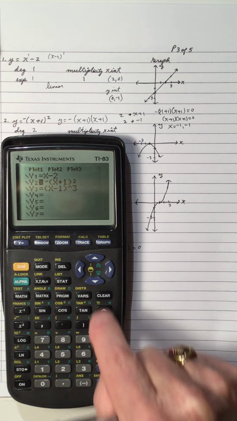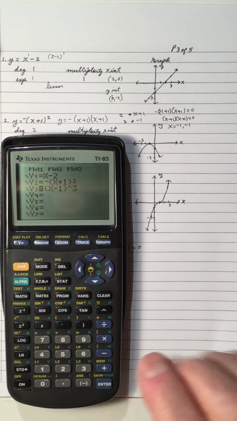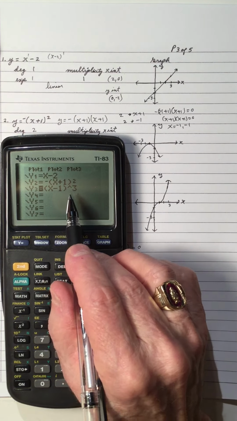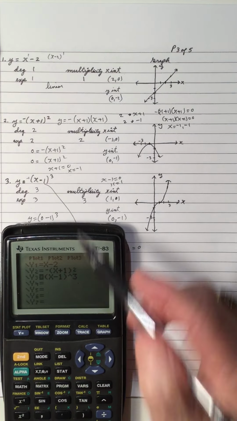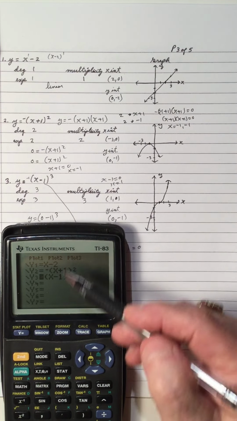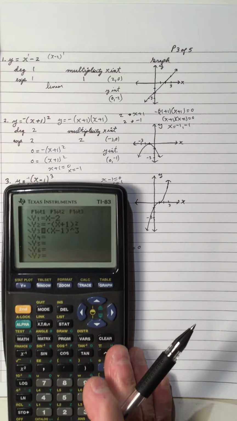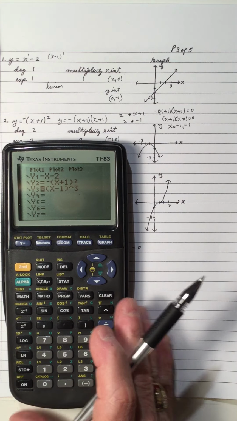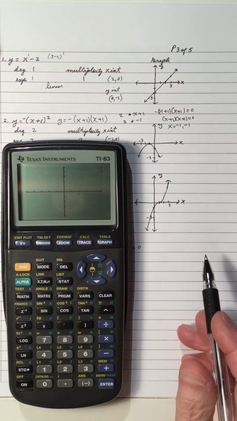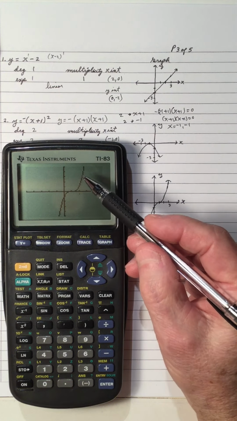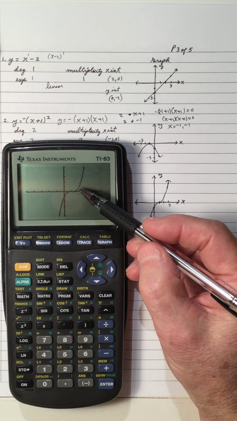And let's go back and look at the other equation. We highlight the third one. So this is x minus 1 cubed. There's the equation. So I'll push this back up. And you will see, notice it opens up because it's positive.